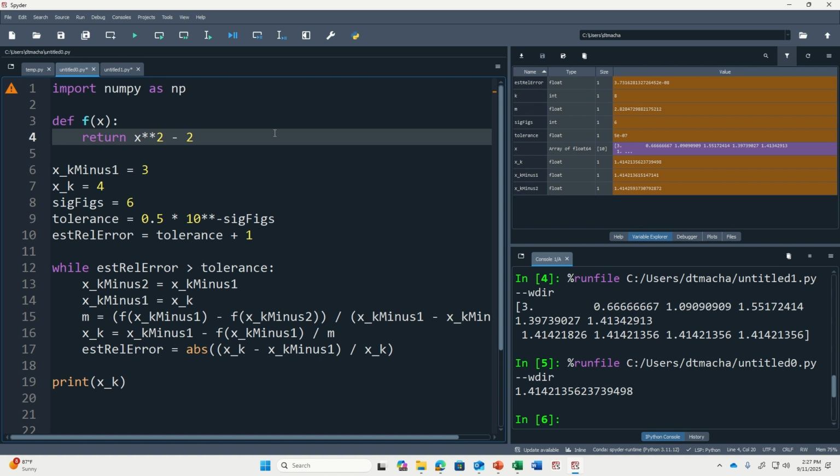Okay, does that part make sense? And this way the code only does as many iterations as it needs to do in order to reach a desired level of tolerance. I don't have to guess and accidentally guess too low on my number of iterations, and then it doesn't reach a particular error tolerance. I don't have to guess too high and waste computer resources.